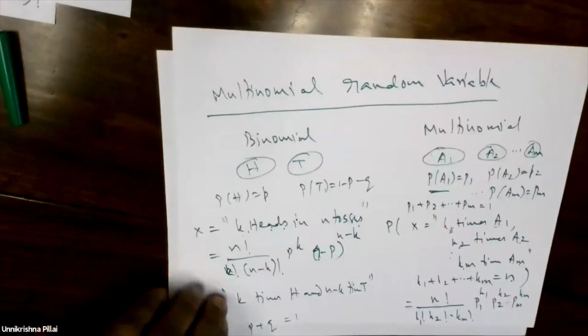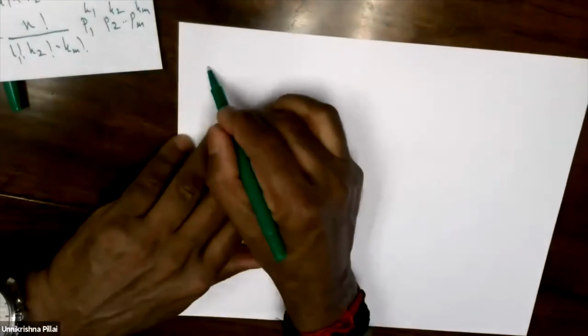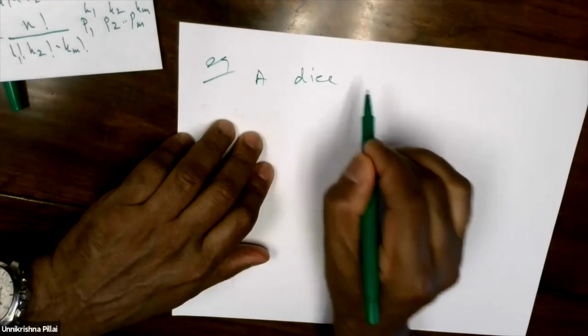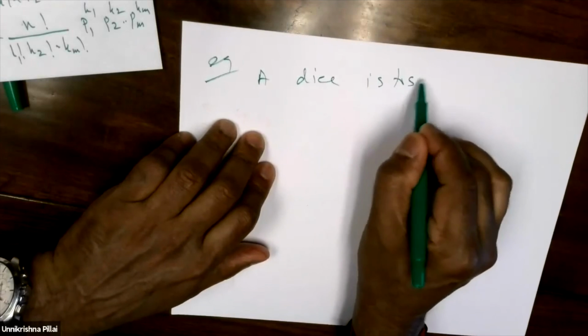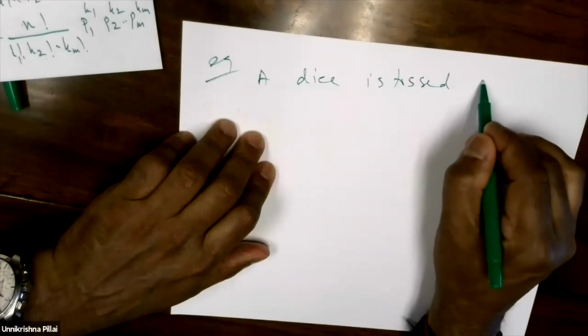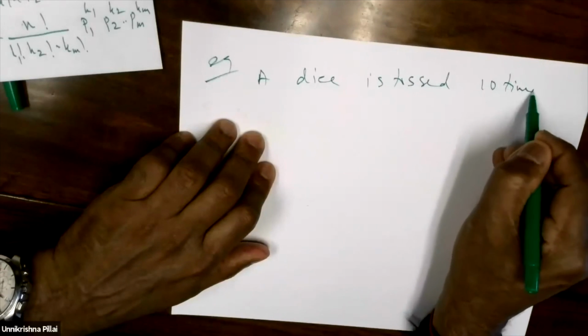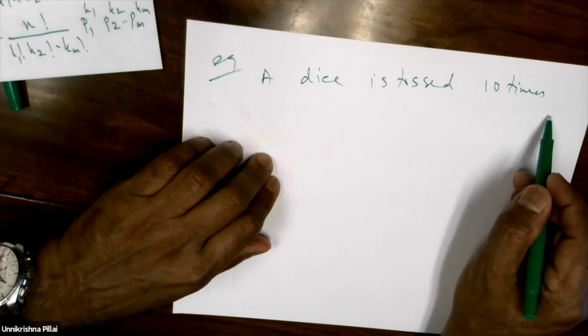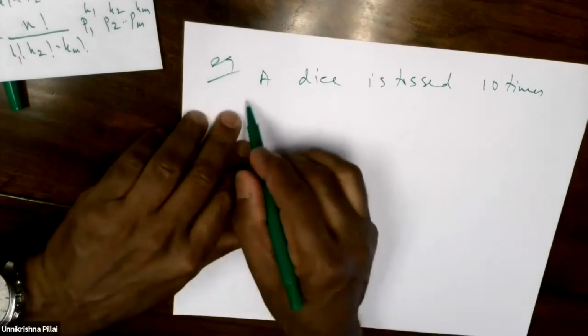So let's do an example. A dice is tossed 10 times. Remember, a dice has got 6 faces.